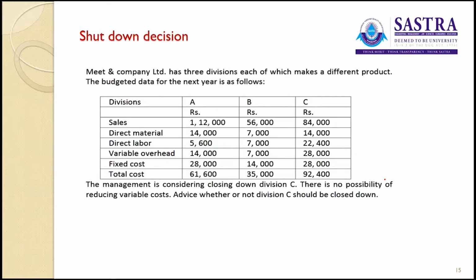Next we pass on to the shutdown decision. Meat and Company Limited has 3 divisions, each of which makes a different product. The budget data for the next year is as follows.